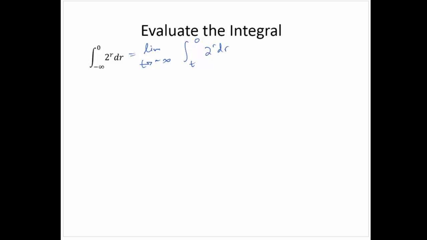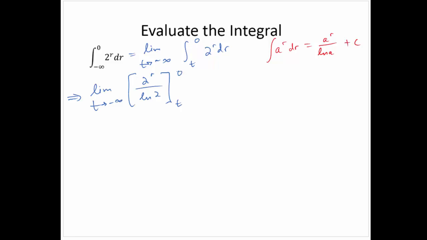Now, I remember from the previous chapter that the integral of a to the r dr is a to the r over the natural log of a plus a constant. So I would now have the limit as t approaches negative infinity of 2 to the r over the natural log of 2 from t to 0.